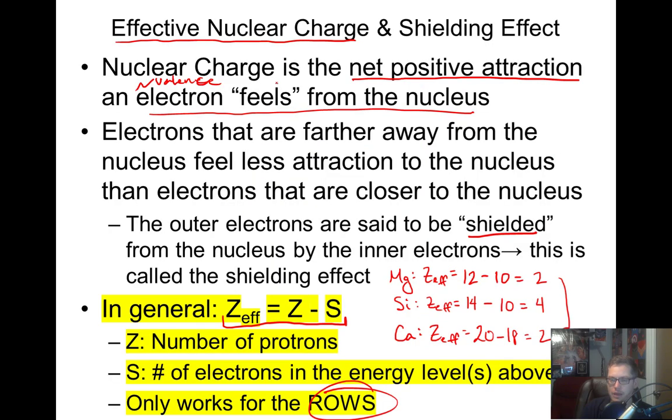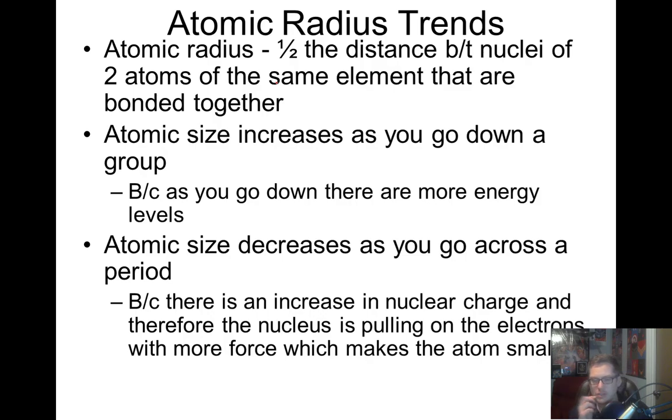Okay. So this next one we're talking about is atomic radius. Atomic radius is defined as half the distance between the nuclei of two atoms of the same element that are bonded together. So essentially you've got two atoms, one nucleus and another nucleus, and they're bonded together, meaning they're sharing electrons.